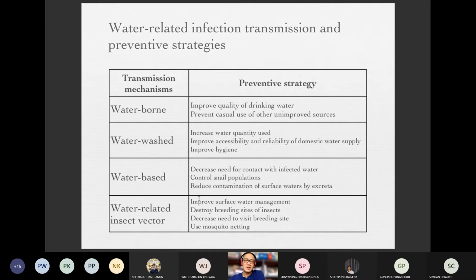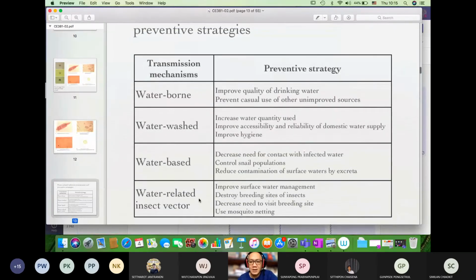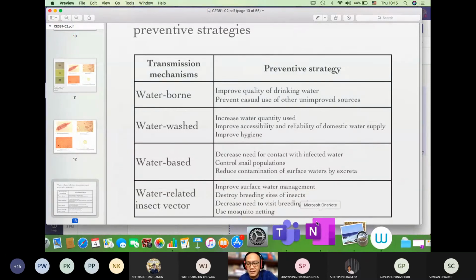And these snails live at the top of the sediment, so it's quite clear that they have a lot of chance to get contaminated with some pollutants, some pathogens. Not just the snail, but other organisms that live at the top of the sediment.